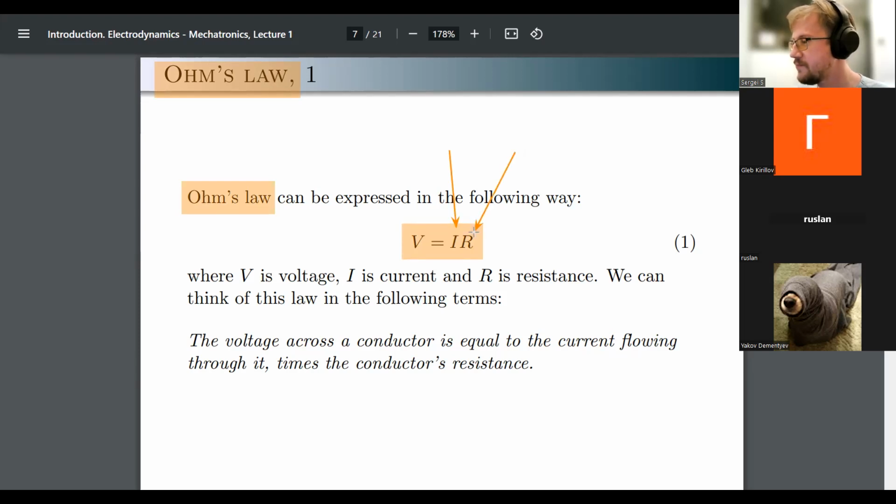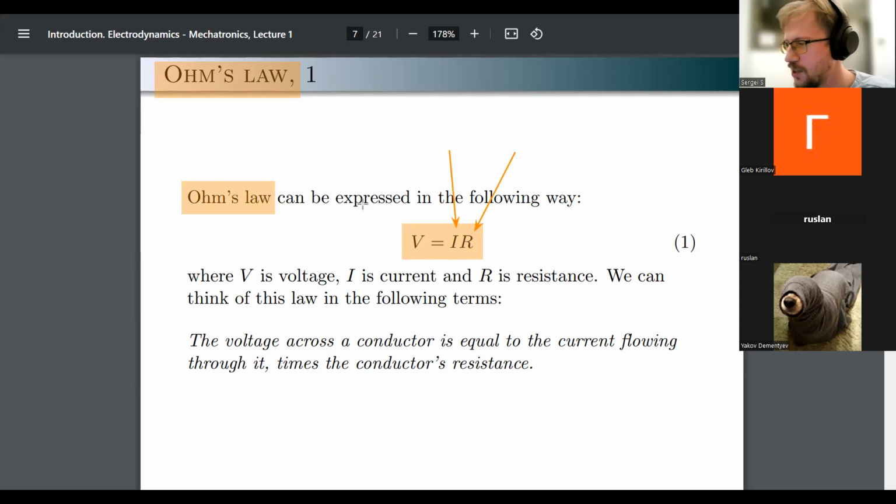If you know how much current flows through your wire, and there is a resistor in the middle of this wire, you can compute how much voltage is across the resistor, so how much voltage is being consumed by the resistor.